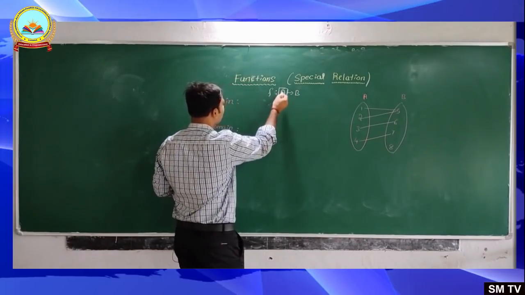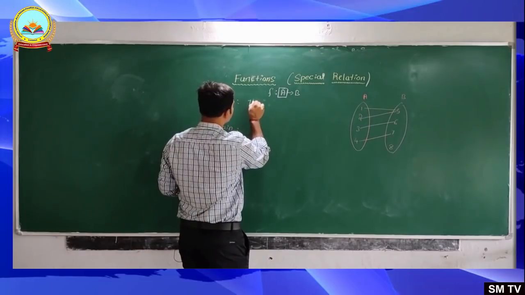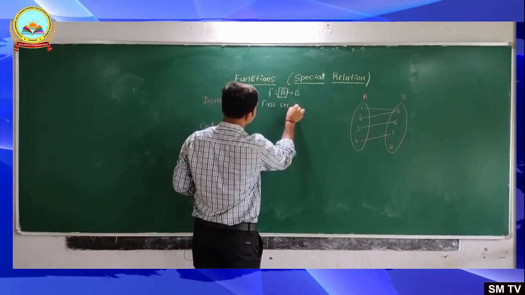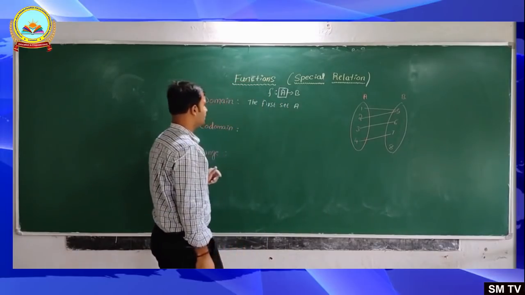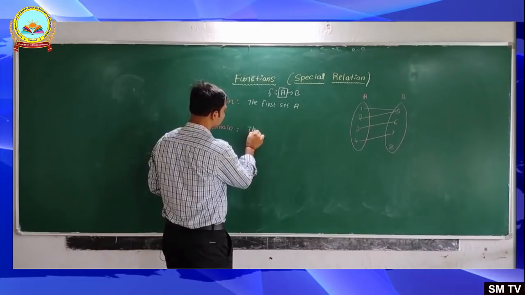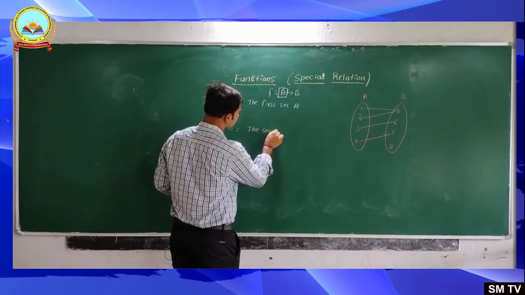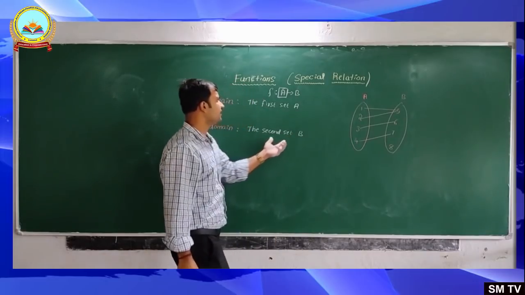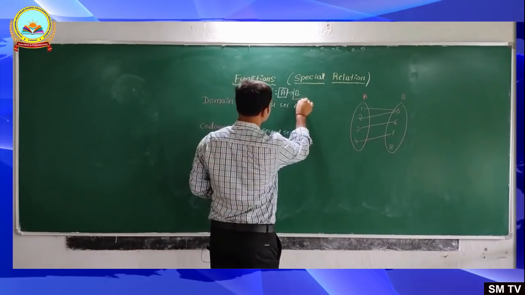itself is called domain. The second set B itself is called codomain.